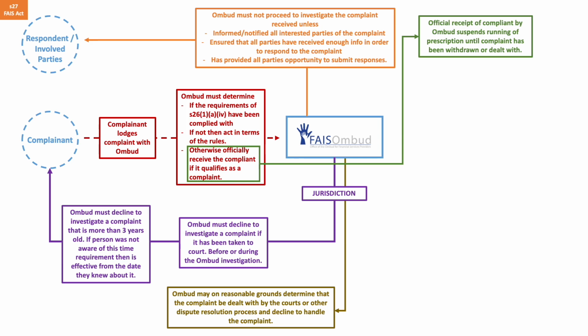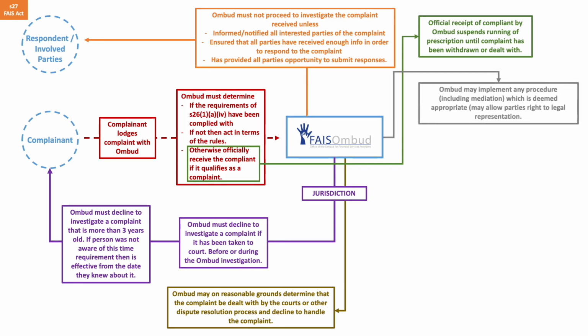B. The Ombud has ensured that all parties have received enough information about the complaint in order to respond to the complaint. C. The Ombud has provided all parties with opportunity to submit responses.